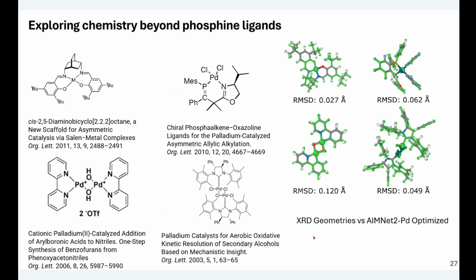And of course, this model is a little bit more than just Suzuki reaction. It can also do good geometries for palladium complexes in different oxidation states, including bimetallic complexes.